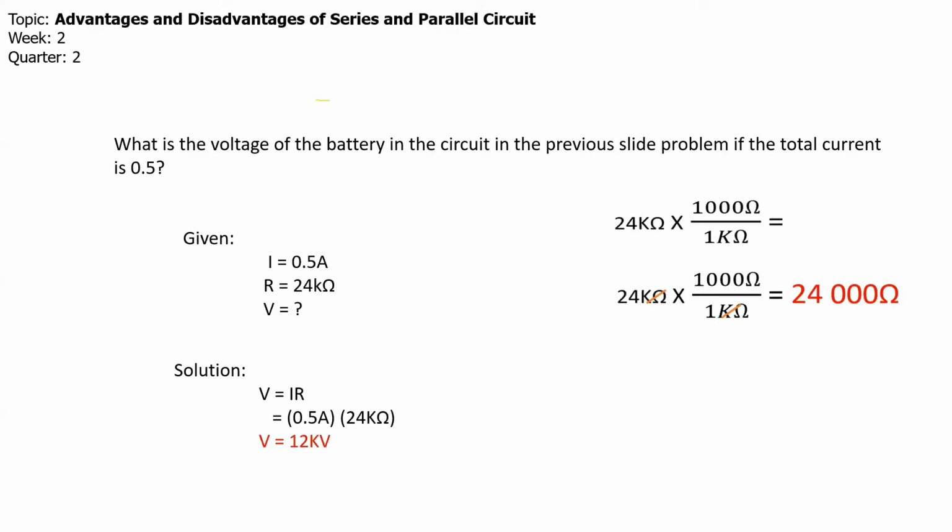To check, convert the 12 kilovolt into volt. 1 kilovolt is equivalent to 1,000 volt.